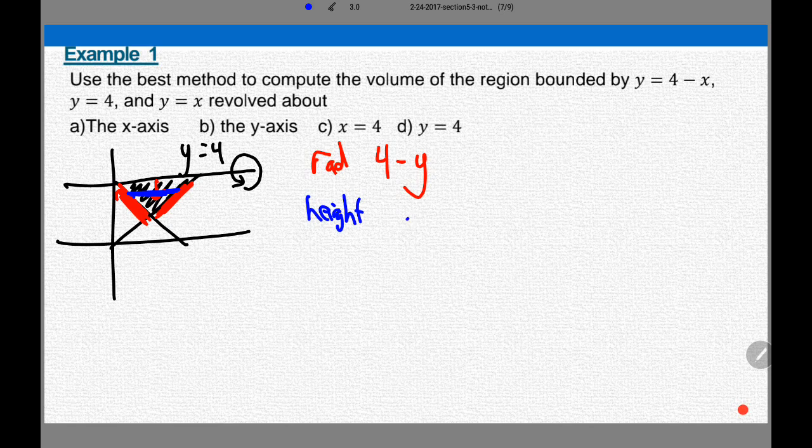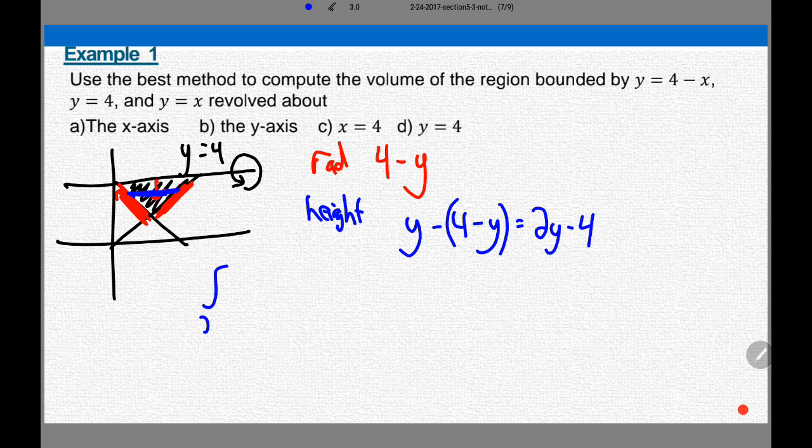So in this case, my right side is y, my left side is 4 minus y, which is 2y minus 4. And I just got to set up my integral now.